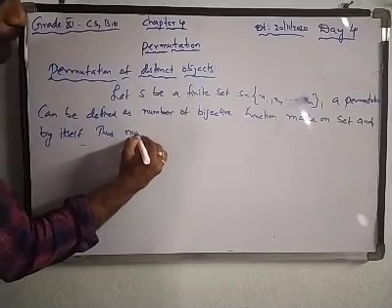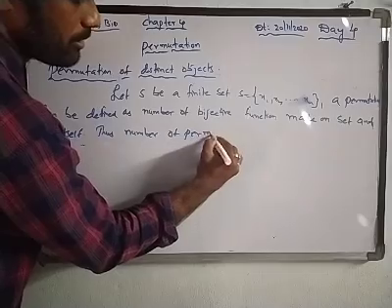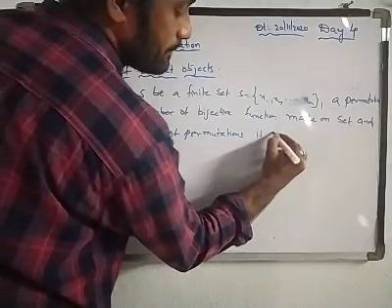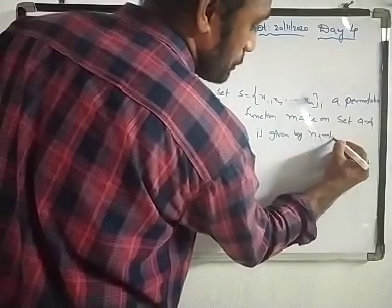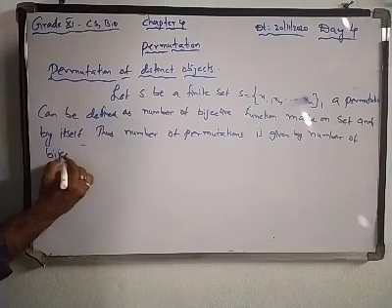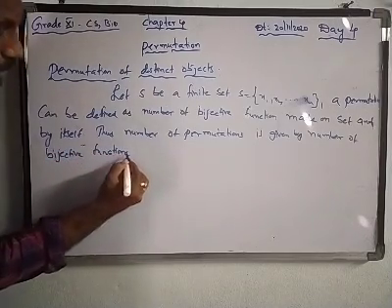Thus, the number of permutations is given by the number of bijective functions. However many bijective functions are formed, that many permutations happen in a set.